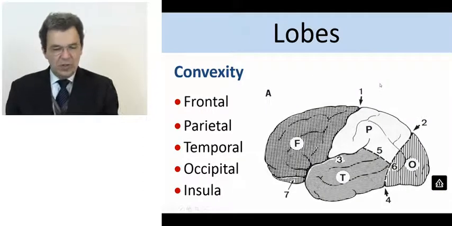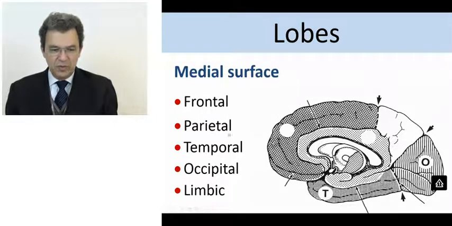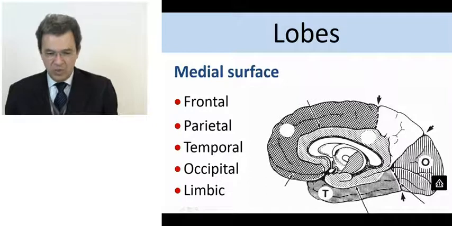Talking about the lobes of the convexity and the borders, we said frontal, parietal, occipital, temporal, and the borders were just mentioned and should be clear. On the medial surface, you have the frontal, parietal, temporal, occipital, and now the limbic lobe. The limbic lobe you can see as it goes around. We'll speak about that in a second.